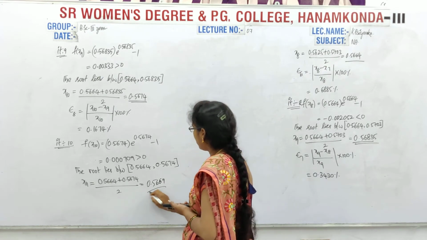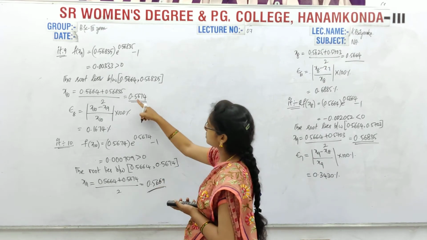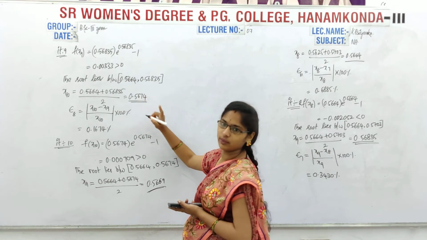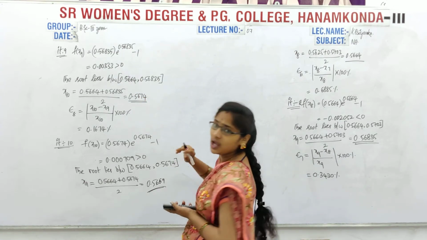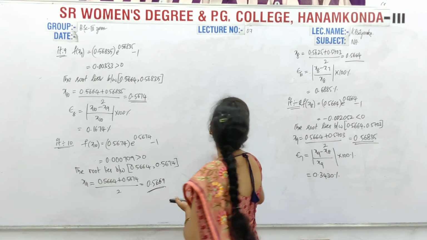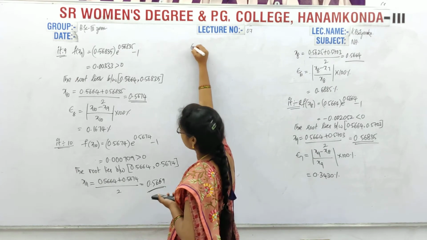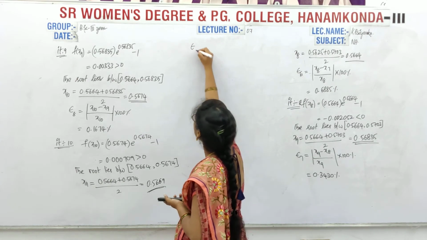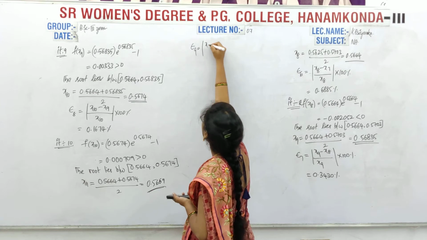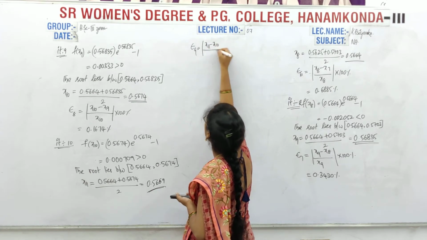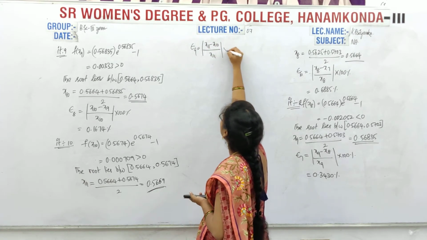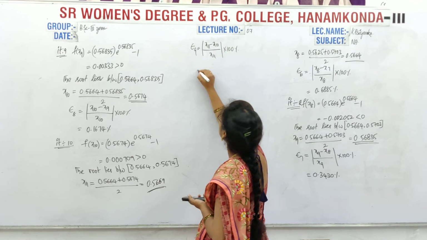Now here 0.5669 and here 0.5674. Now I am calculating the error. Error means epsilon 8 is finished. Now epsilon 9 equal to (x11 minus x10) by x11 into 100%.